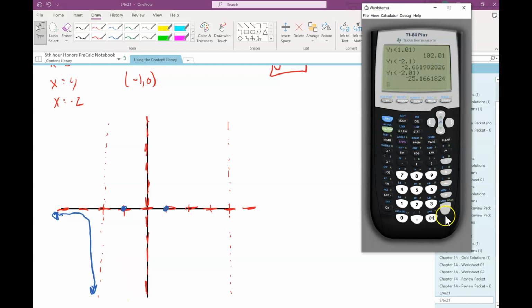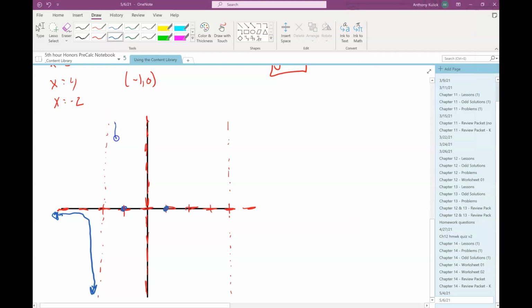And we'll check on the other side of -2, the right side of it. So that's positive. Get a little bit closer just to be sure. More positive. So I'm definitely starting up here.